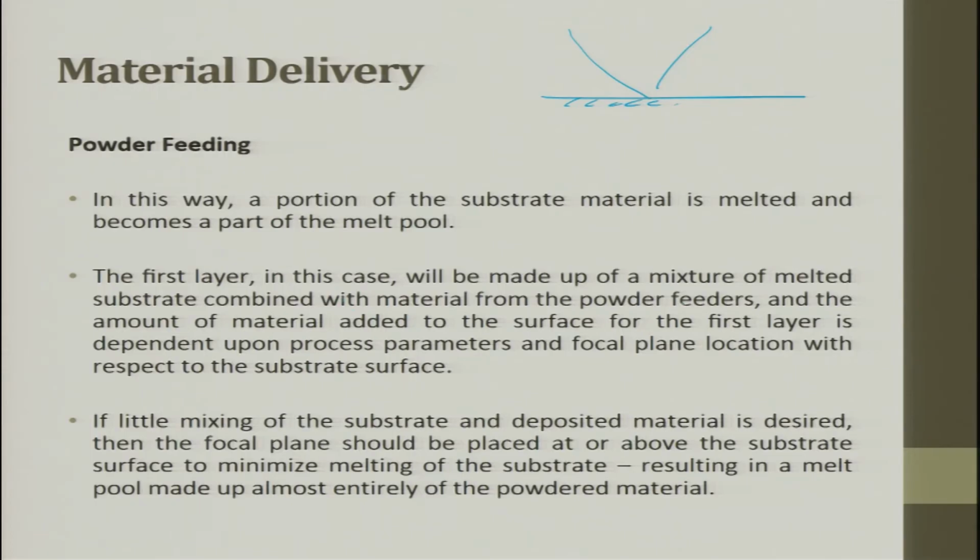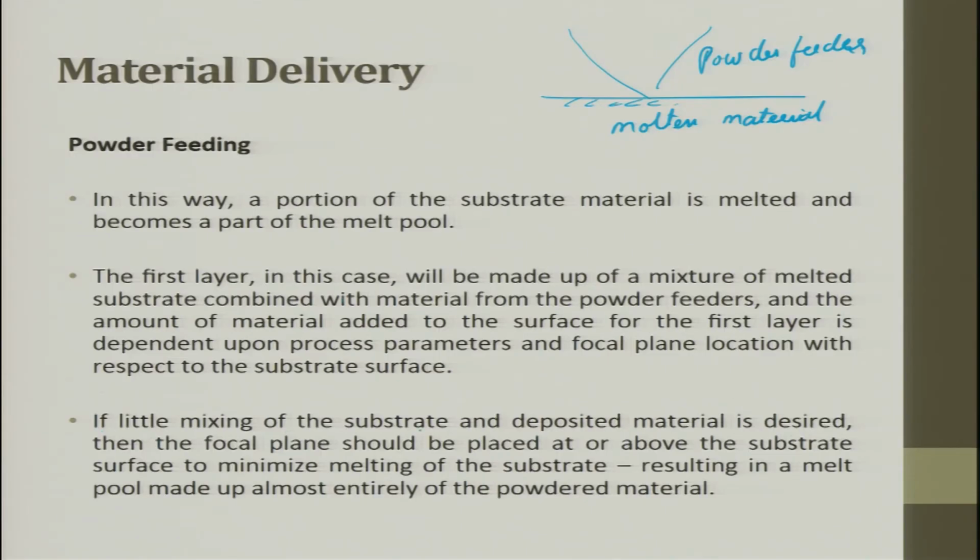So, with the material from the powder feeder, this is the powder feeder, this is the molten material, and the amount of material added to the surface for the first layer is dependent upon process parameters and focal plane location with respect to the substrate surface.